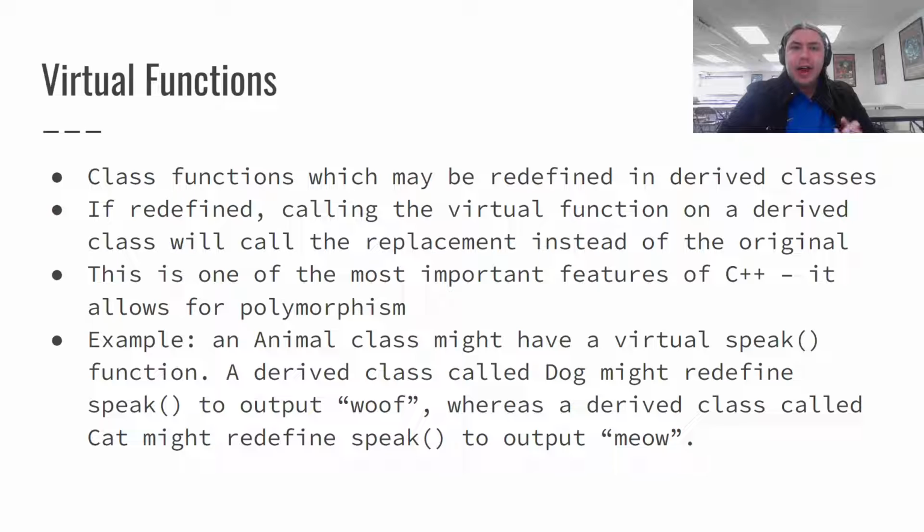Whereas if you have a class called cat, which derives from animal, it might implement that function in a different way. It would output meow to the screen. And that is them overriding the virtual function speak that was defined in the animal class itself.